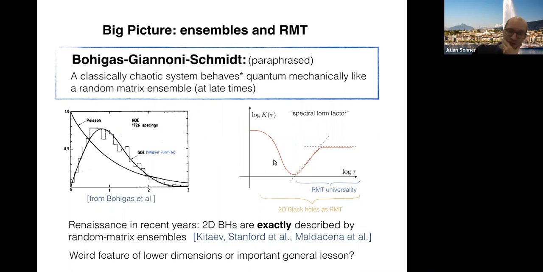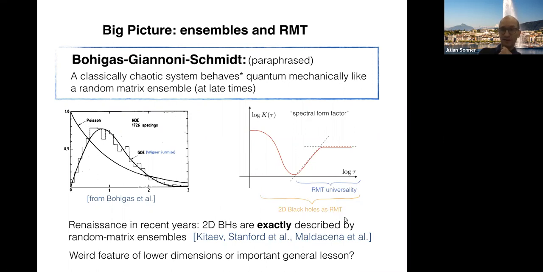Now, I would like to contrast it nevertheless. This is the second important lesson on this slide. I would like to contrast this with the recent renaissance of random matrix ensembles in the context of lower dimensional gravity. Here, what one is saying is that the entire gravitational theory, on all timescales, is given exactly by a random matrix ensemble.